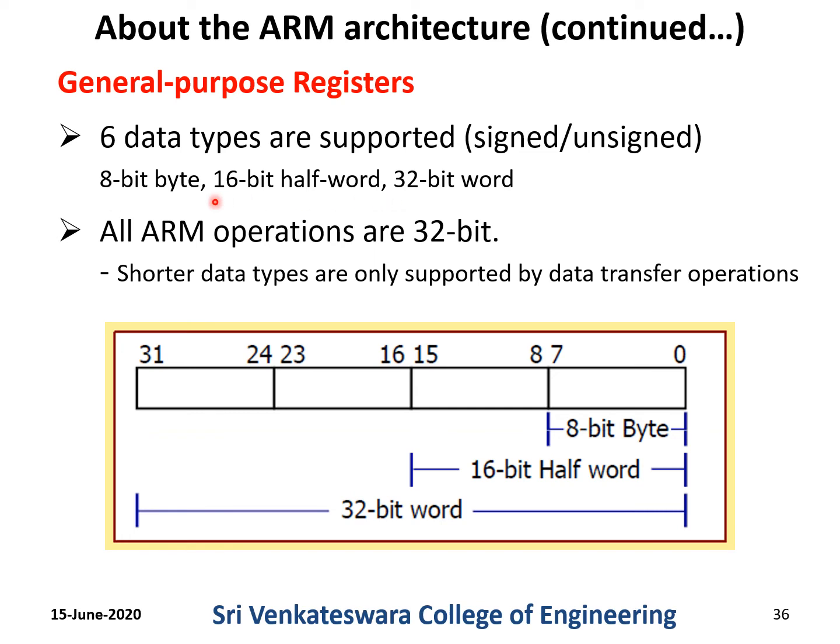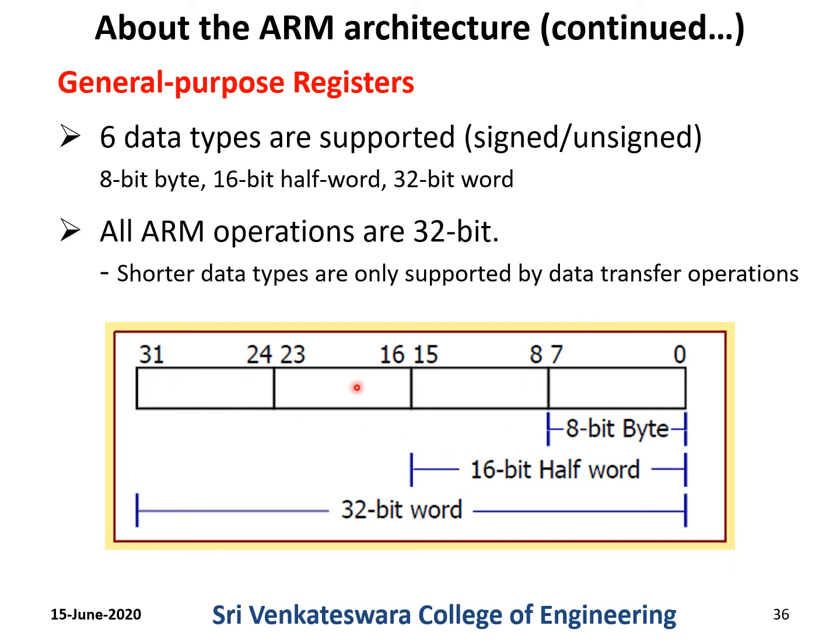These byte, half word or word can be either signed or unsigned. So totally 6 data types are supported. All the ARM operations are 32 bits. The shorter data types are only supported by data transfers. No data processing is done on smaller data types.